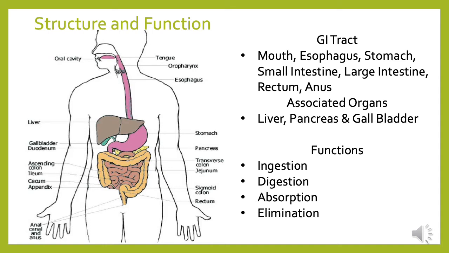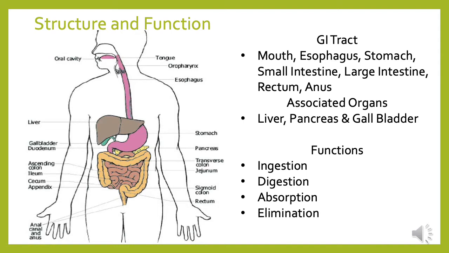You can see on the picture on the left-hand side where all of these different parts of the tract align. There are also associated organs that are listed in your text. We aren't going to go over this right now, and you don't need to read on these. This is for the liver, pancreas, and gallbladder, because they're going to be addressed in other classes. So right now we're just going to concentrate on the GI tract from mouth to anus.